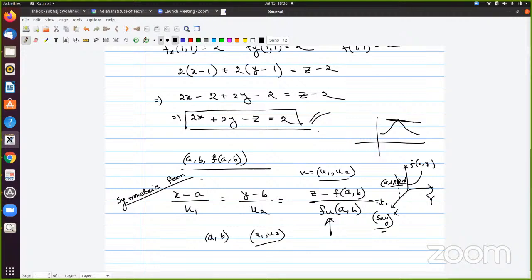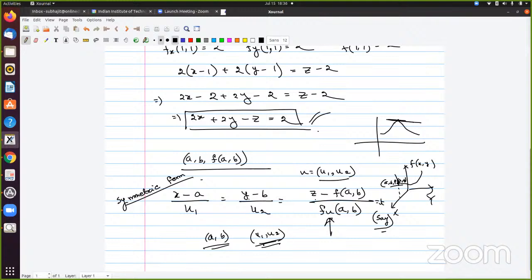T will change, but when we fix a, b and u1, u2, this t will become fixed, right? Then x will be a function of t alone, because a and u1 are fixed, b and u2 are fixed. So x will be a function of t, y will be a function of t, and z will be a function of t. Correct?